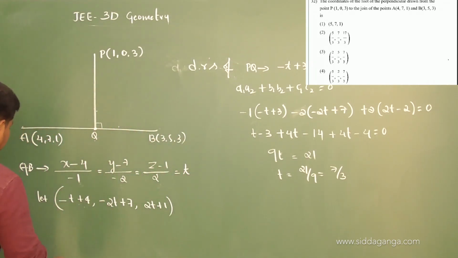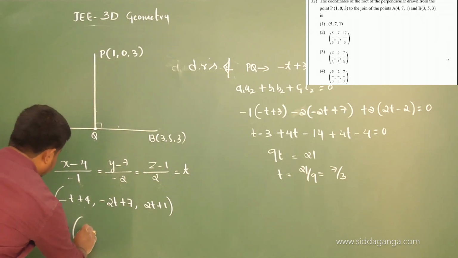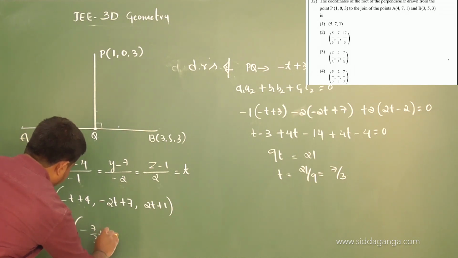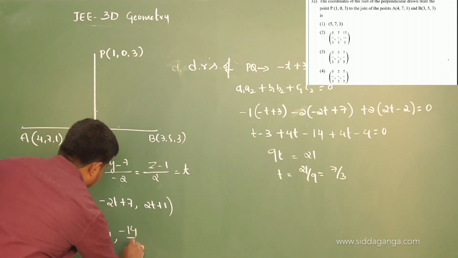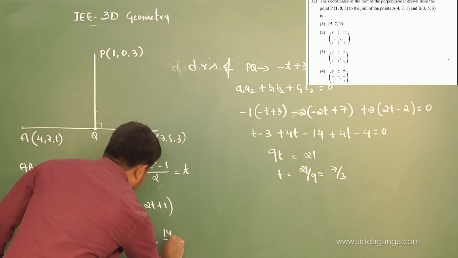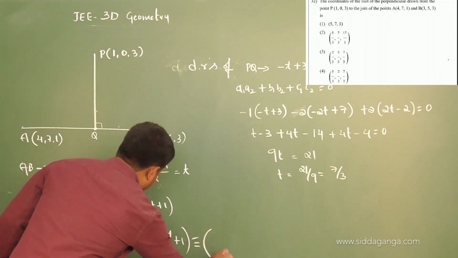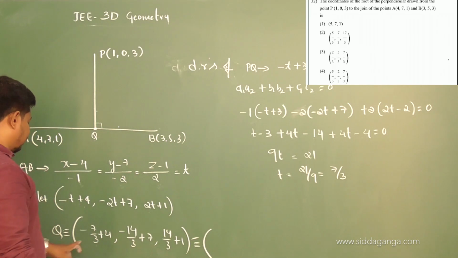So, your required point will be equal to what? Minus t, minus 7 by 3 plus 4, minus 2 into 7 by 3. So, minus 14 by 3 plus 7, 14 by 3 plus 1. So, your required point is: 3 4s are 12, 12 minus 7 is 5.